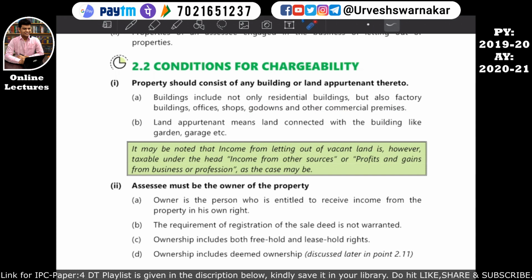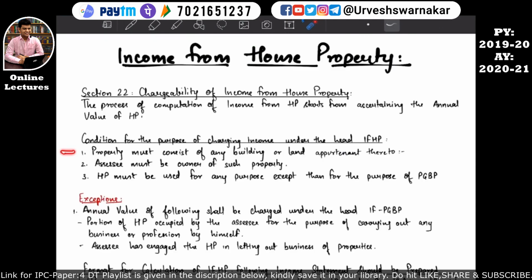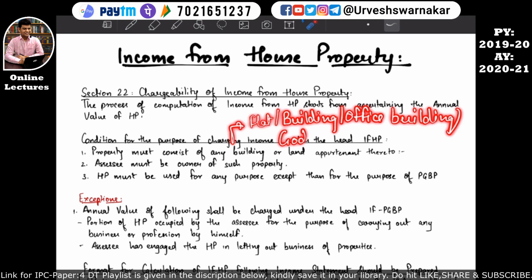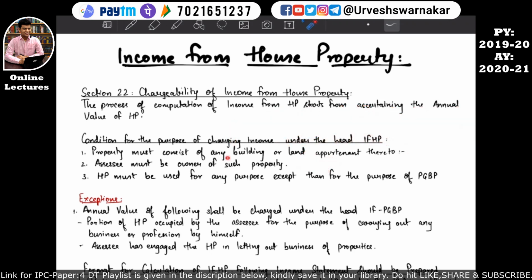Land appurtenant thereto means land connected with a building, like a garage, etc. Let me explain it to you over here: if an assessee is having a property and such property is any building, a building can be a flat, an office building, a godown, a factory premises or a shop, then also such building or such property will be considered as house property.